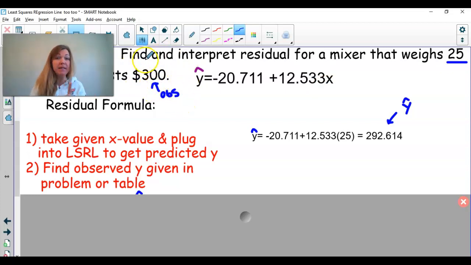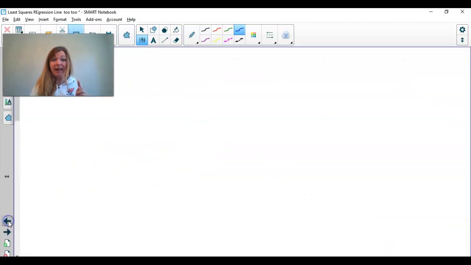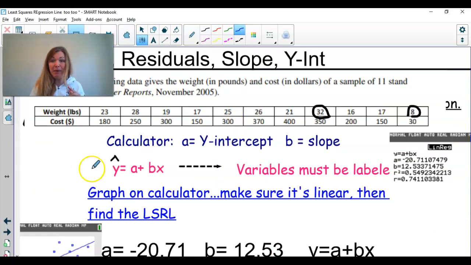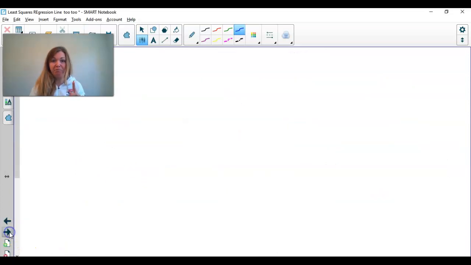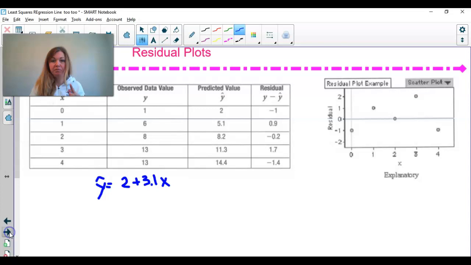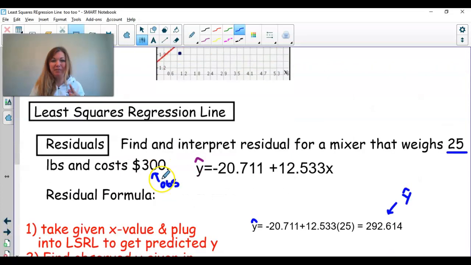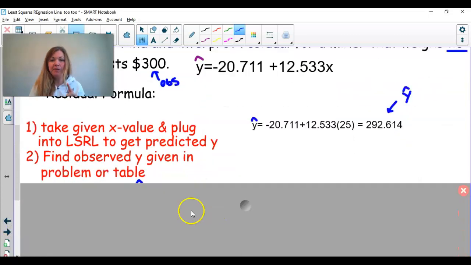Now, sometimes it doesn't give it to you in the problem, so you have to go back to the table and find that, okay? 25 pounds, 300. All right. Our observed then is y, and that's equal to 300.